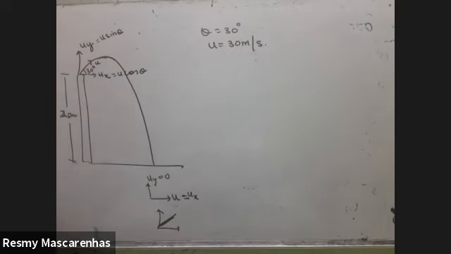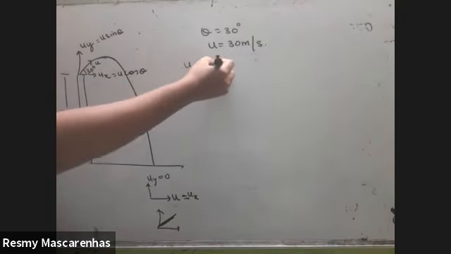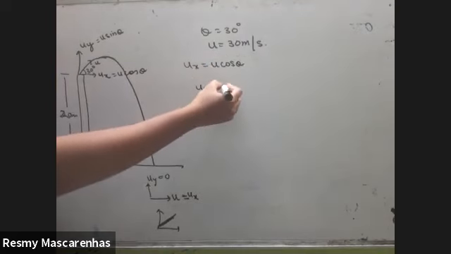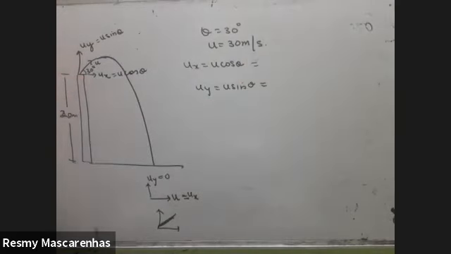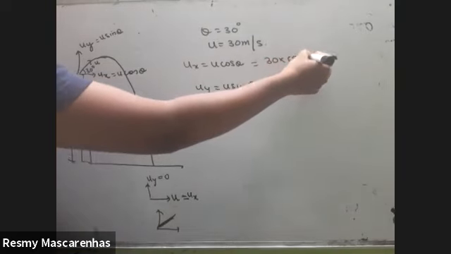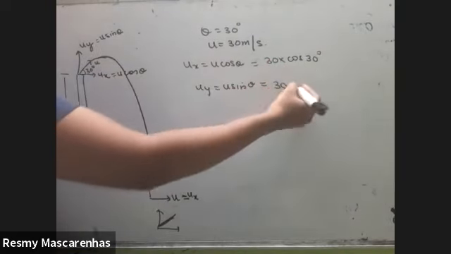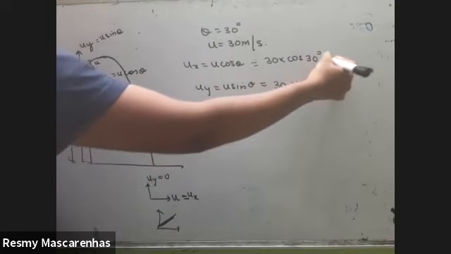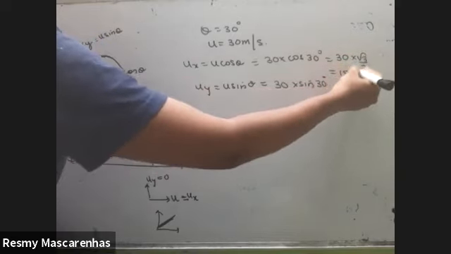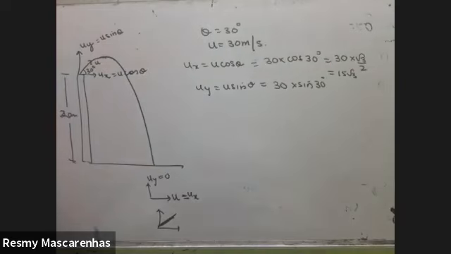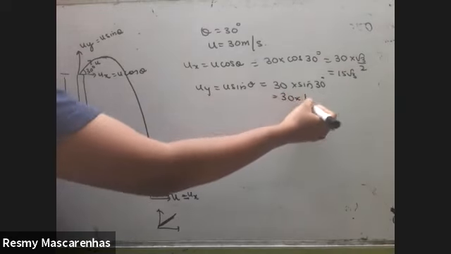Now let us find the components. So, ux is u cos theta and uy is u sin theta. We'll calculate both the components. So this will be 30 into cos 30, 30 into sin 30. 30 into root 3 by 2, so this is 15 root 3. 30 into 1 by 2, sin 30 is half.